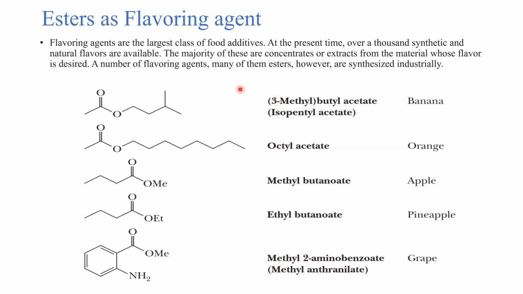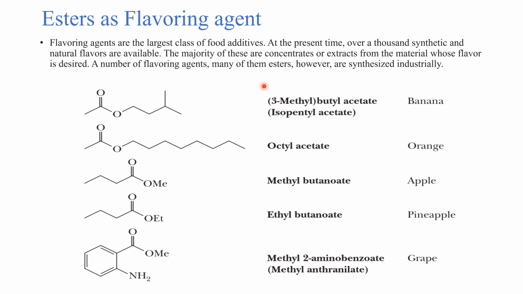There are a larger number of flavors which are synthesized in the labs, and they are available from natural sources as well, depending on what kind of flavoring agent we need. In some cases they have very complex structures, with ten or more compounds giving the particular aroma.